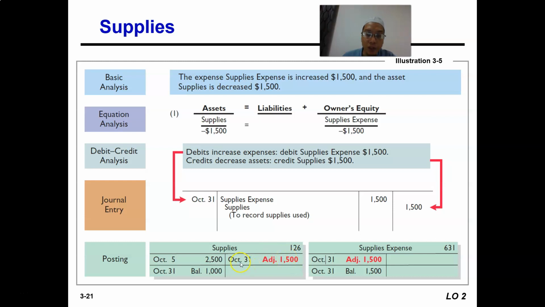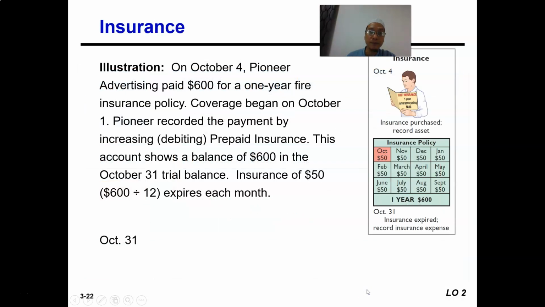So after October 31st, the ending balance will be 1,000. We only have 1,000 left in our supplies. And for our supplies expense, after we do the adjustment, we have a debit of 1,500 in the supplies expense account. Therefore, the balance of supplies expense at the end of October is 1,500. Okay, so that is the example of supplies.